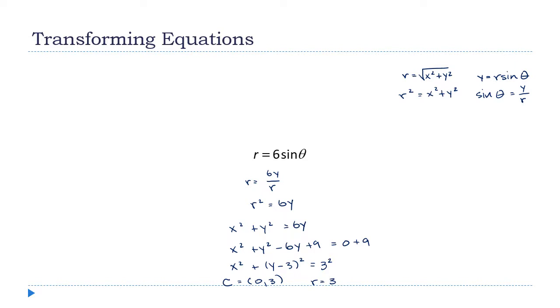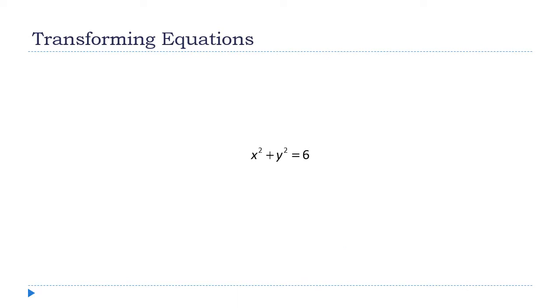If I sketch the graph here, the center is over 0, up 3, and the radius is 3, so it's going to just be tangent to the x-axis. So this equation, r equals 6 sine theta, is the polar form of the equation of a circle tangent to the x-axis.